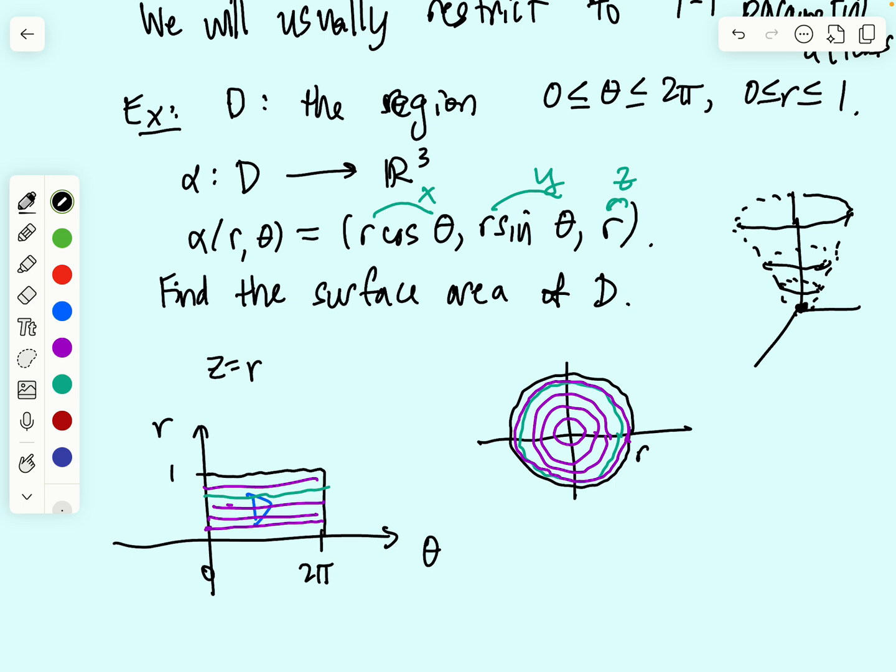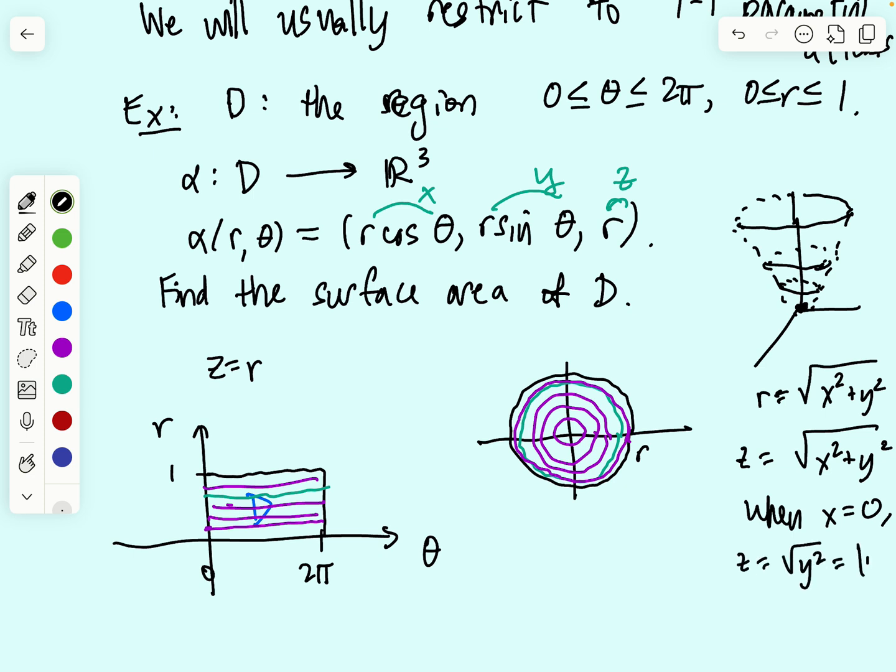And how do you know that you get a cone? Well, you get circular cross sections, but how do you know that the sides look like a cone? Well, one way to see this is that R is the square root of x squared plus y squared. So Z is the square root of x squared plus y squared, and then let's say you look at the cross section where x is 0. So when x is 0, you get z equals the square root of y squared, and that's the absolute value of y.